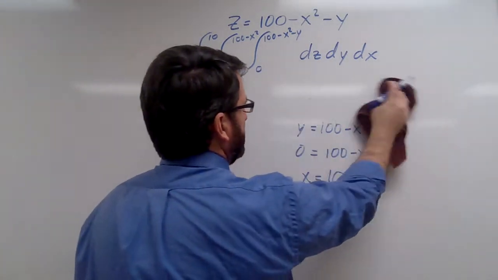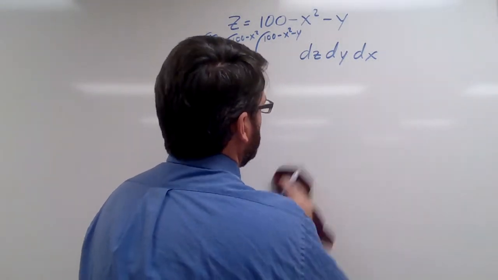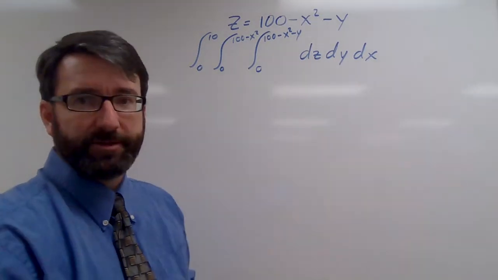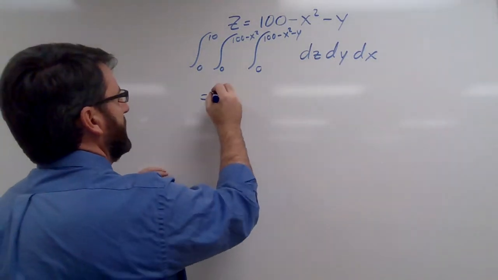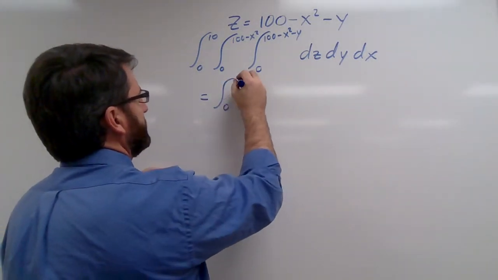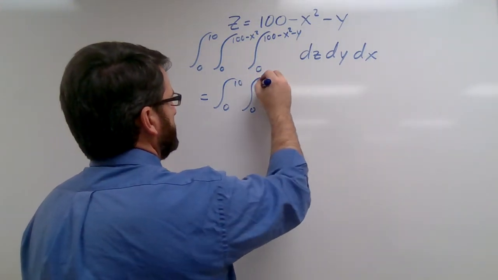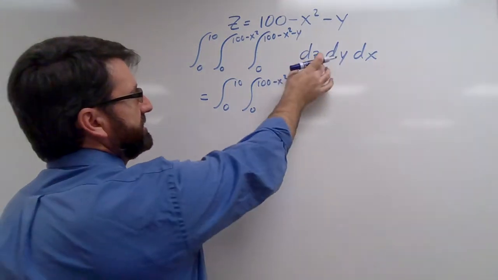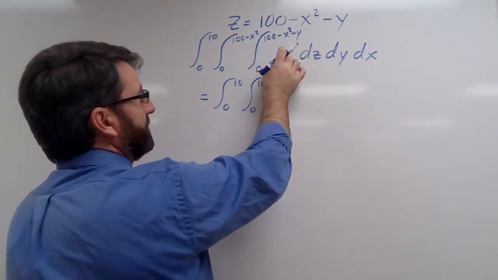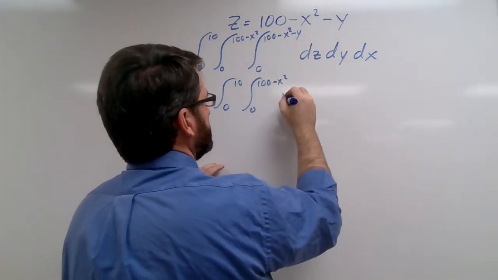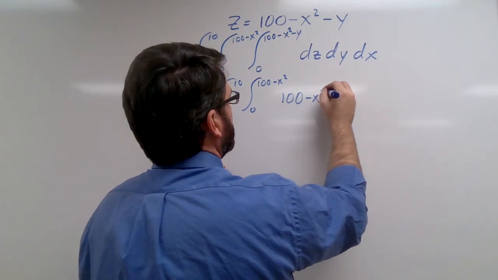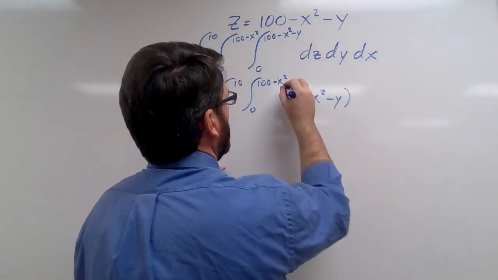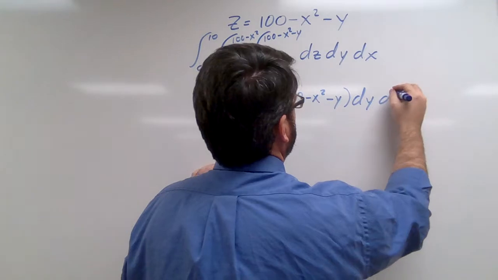Now we've got this triple integral all set up, and now we get to evaluate it. So this is going to be integral from 0 to 10, 0 to 100 minus x squared, and then this is just going to be z evaluated from 0 to this, so it's just going to be 100 minus x squared minus y dy dx.